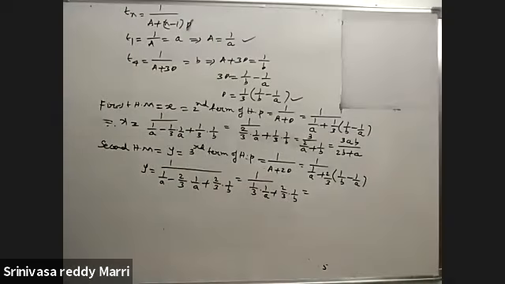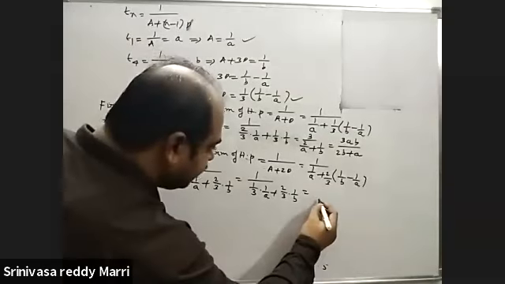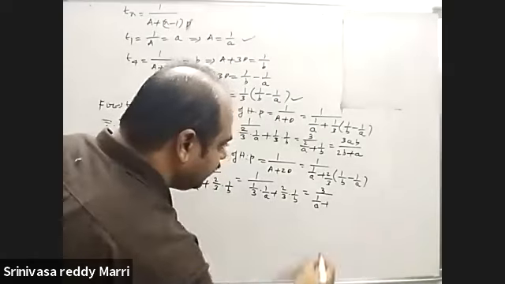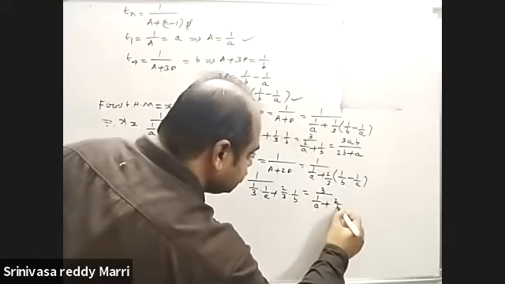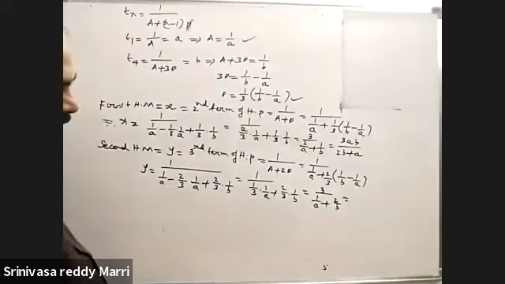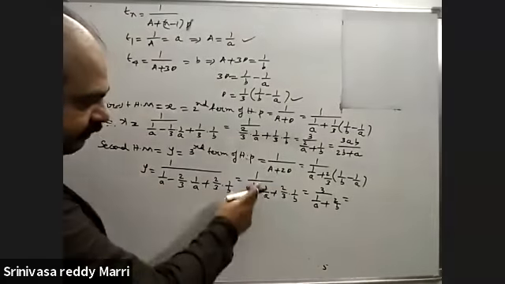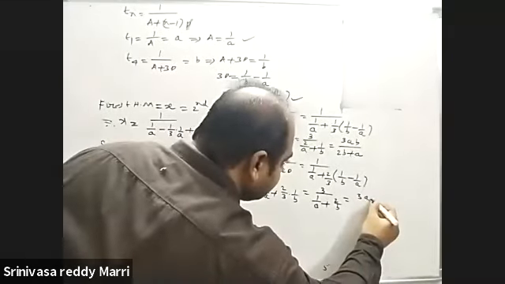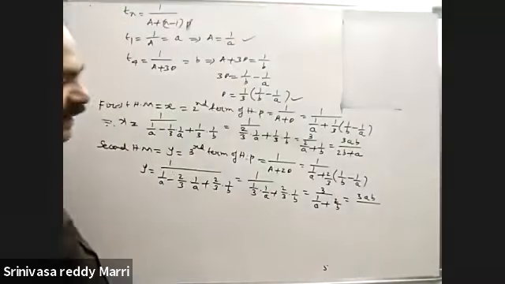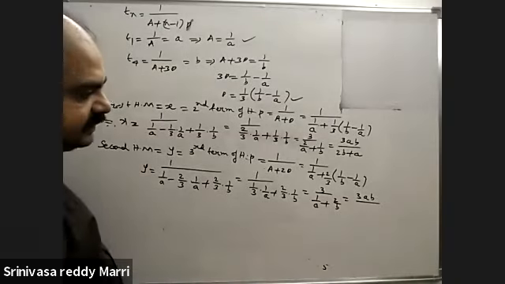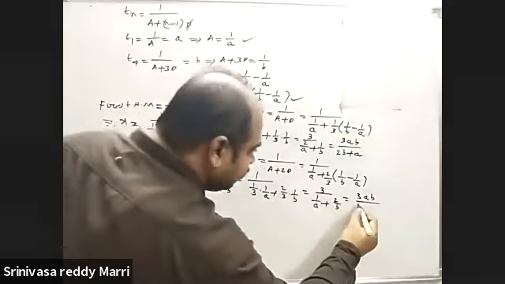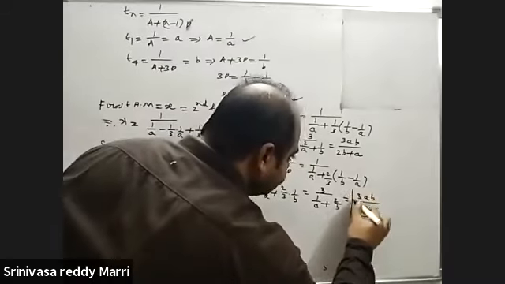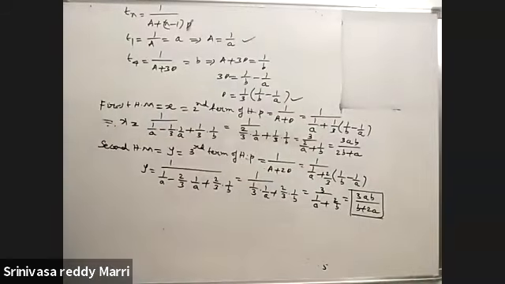So you will get 3 divided by (1 by a plus 2 by b). If you take the LCM ab, you will get 3ab divided by (b plus 2a).